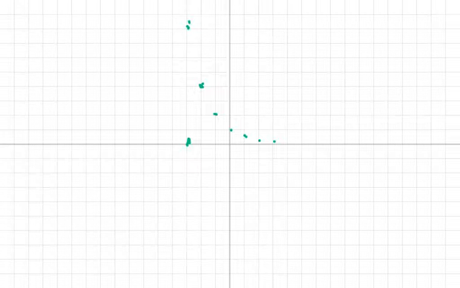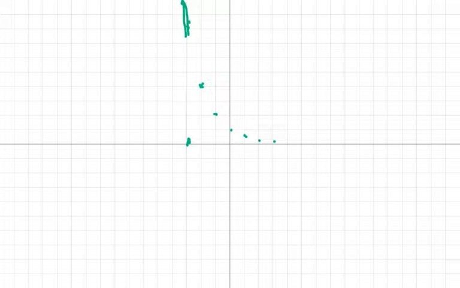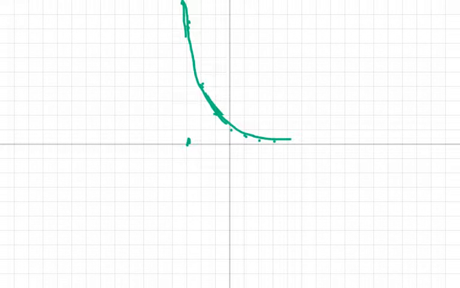Okay, so I'm going to sketch that line. So it would look something like that. It's hard to do with the stylus, but yep, something like that.